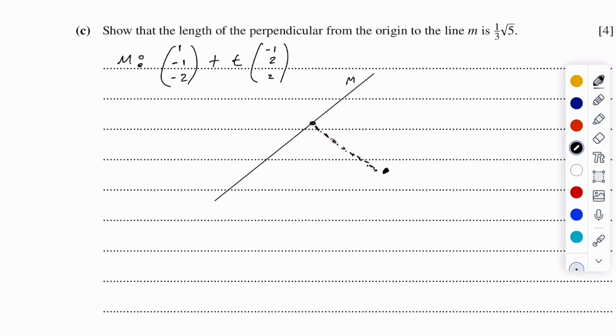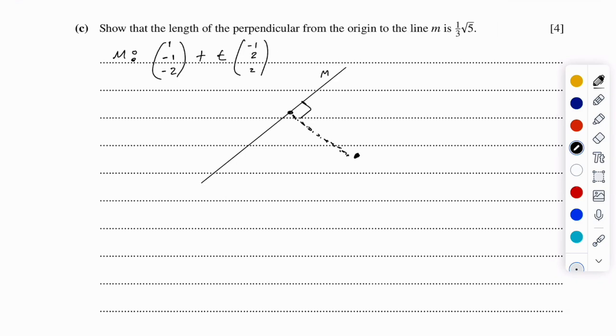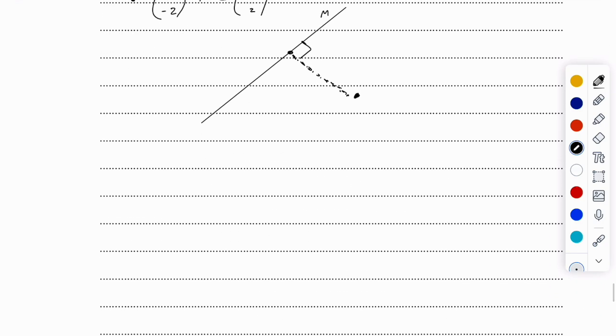The way to think about it is that this line, this generic point, is going to intersect here, and it's going to be classed as r equal to (1 minus t, negative 1 plus 2t, negative 2 plus 2t).